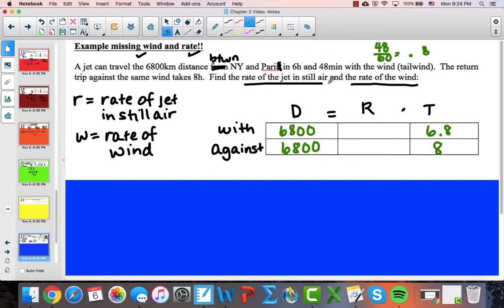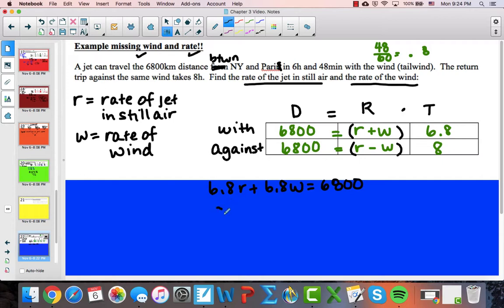All right, but on the way there with the wind, I would have R plus W, and on the way back, I would have R minus W. All right, so we multiply, right? Because these are expressions. So we get 6.8R plus 6.8W equals 6,800.